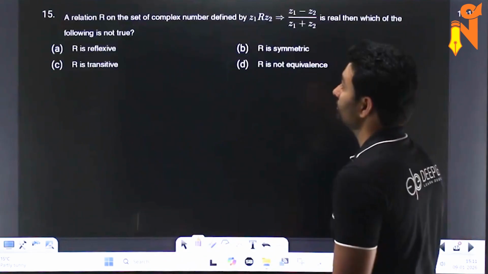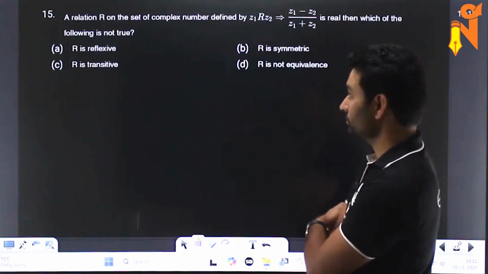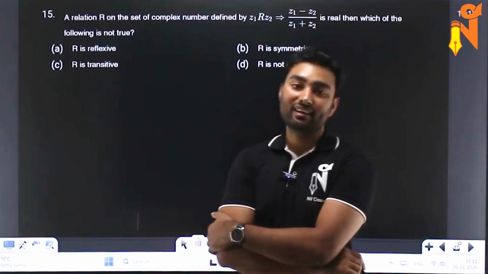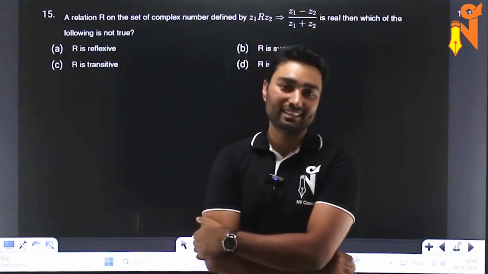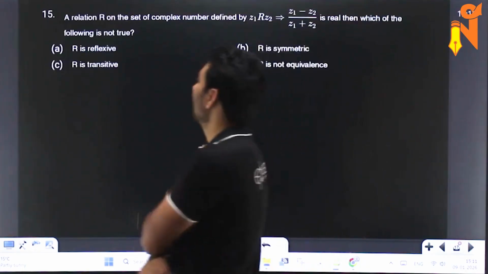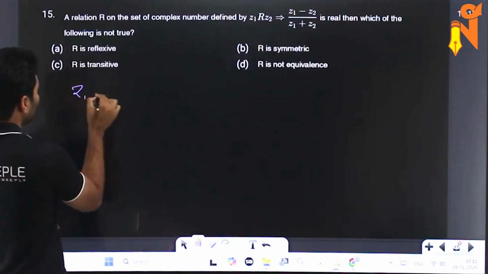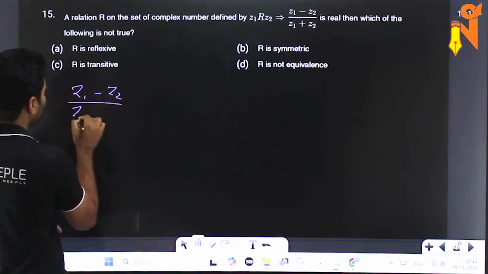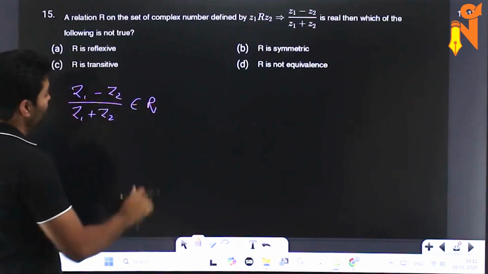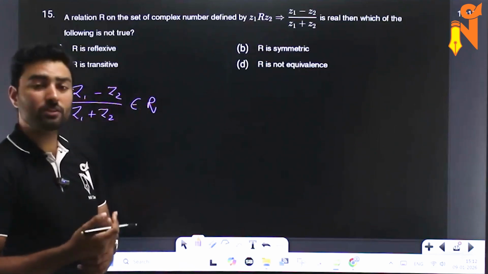Next, a relation R on this. This question is a little bit lengthy, because you will check reflexive, symmetric and transitive, all these things, it will take a little more time. So this is real, which means you can also put here a1 plus iota b1, a2 plus iota b2, you can solve this also.